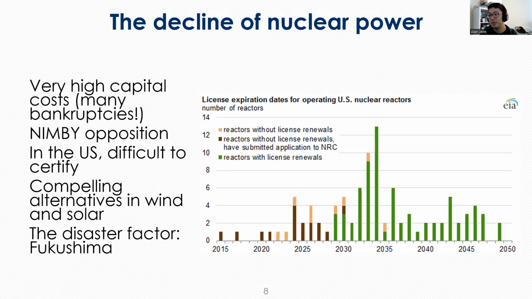And so there have been, as I mentioned, retrofits and upgrades, renewals for licenses to keep those going. And you can see what that timeline looks like in this plot. Why haven't new nuclear plants been built? Well, one, very high capital costs. So the economics aren't very favorable for building nuclear plants anymore.